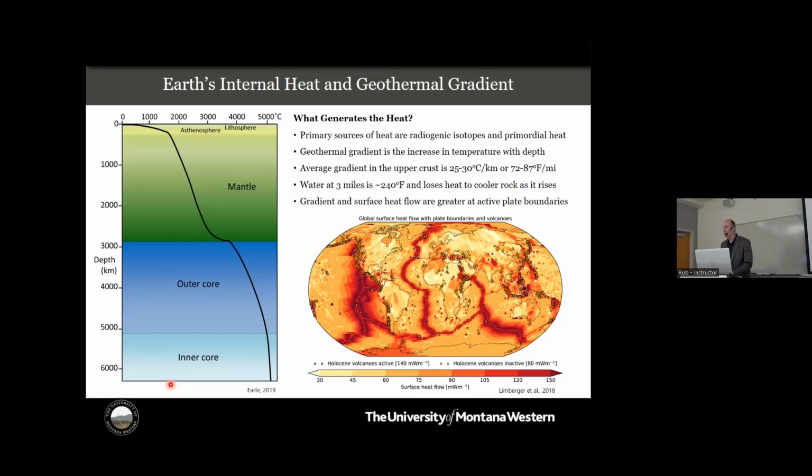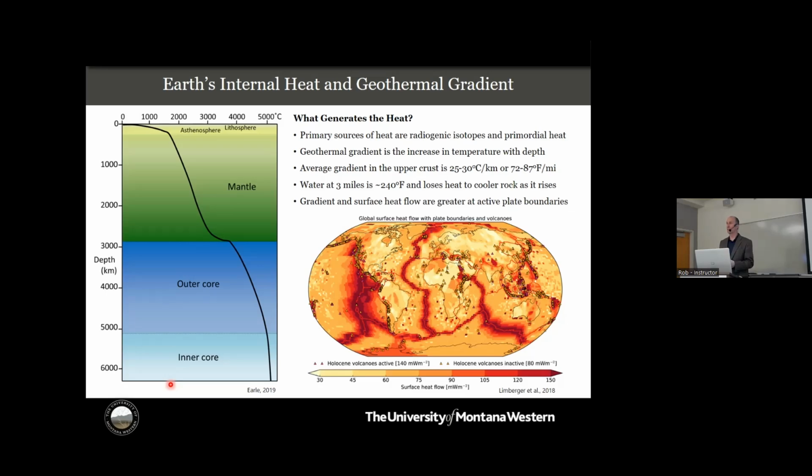So it gets hotter as you go deeper, and that's called the geothermal gradient. And some of the heat source is this primordial heat, but a lot of it is radiogenic isotopes. In other words, there are isotopes of elements, meaning elements that lose particles from the nucleus of the atom, and they generate heat in the process of doing that, right? Like uranium. Okay, everybody good?